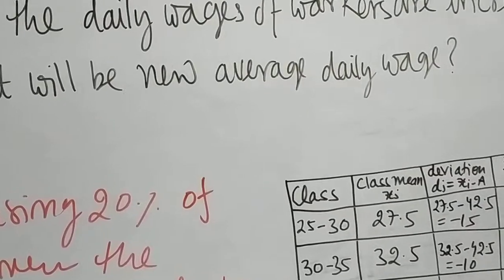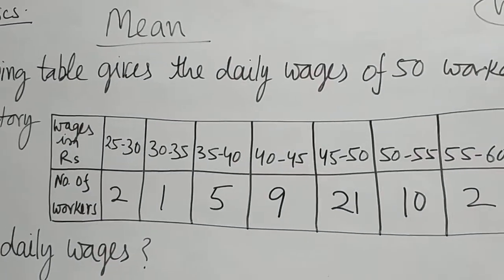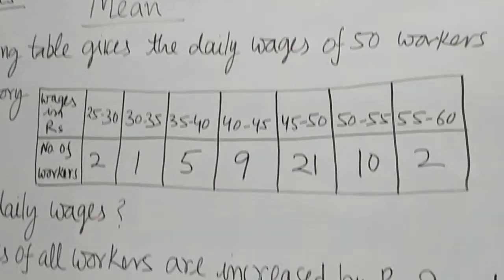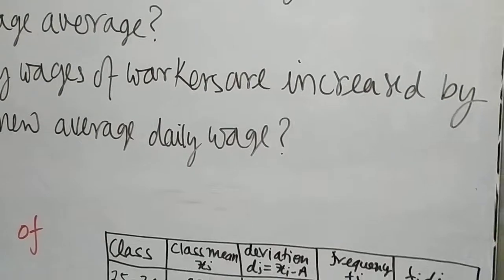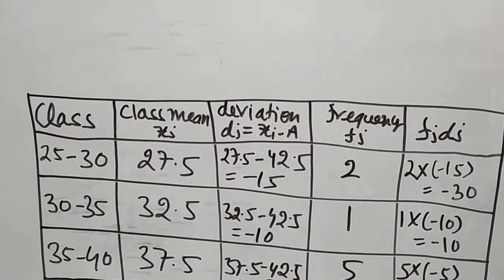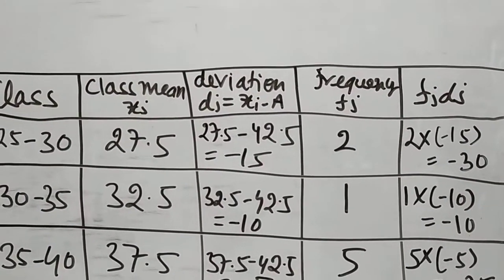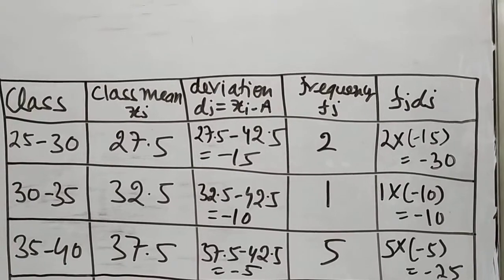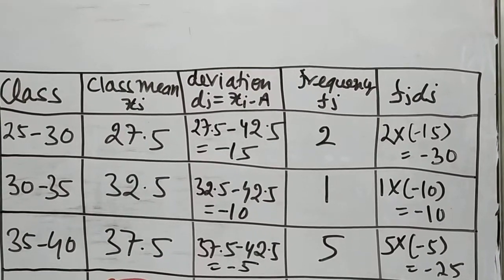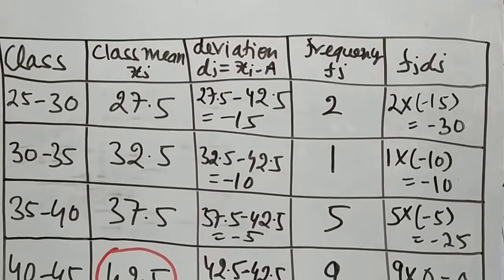In this part of the question also, the table is the same as given in the question. The table which you have drawn, the same. Just visualize. Just draw this table again and again.